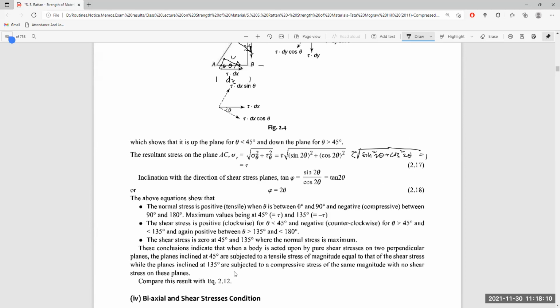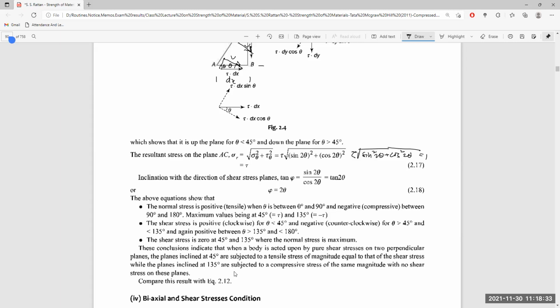The above equation states that the normal stress is positive when theta is between 0 to 90 degrees and negative, compressive, when theta is between 90 and 180 degrees.